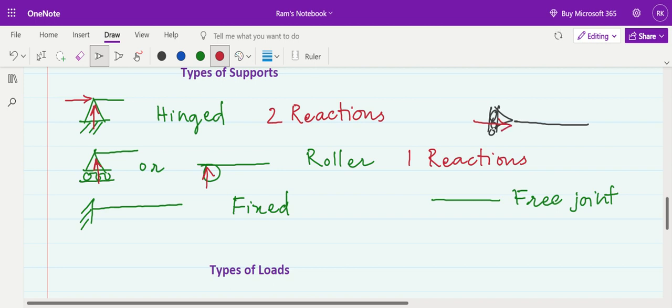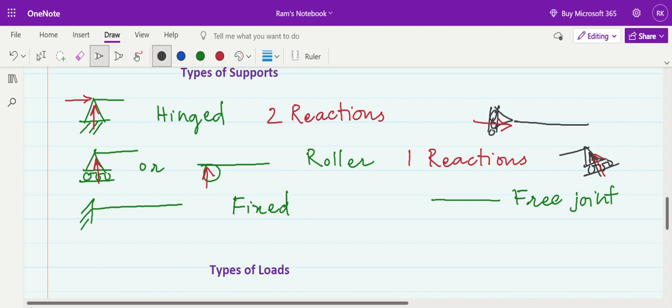A roller may be inclined, and in that case, the reaction offered by the roller will be perpendicular to the roller in this particular direction. So, my friends, a roller support will not always offer a vertical reaction. It may offer the reaction in the direction perpendicular to the roller surface.